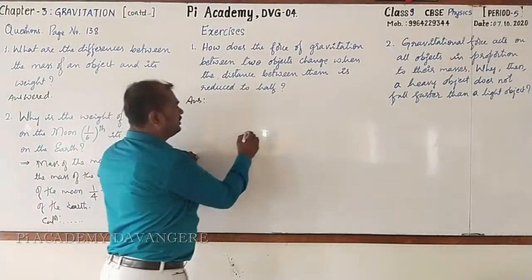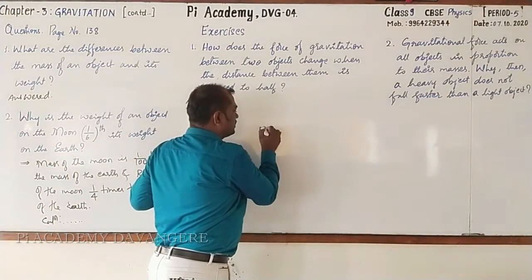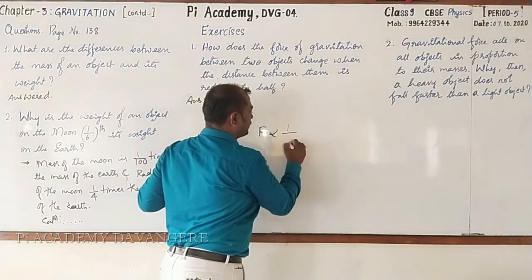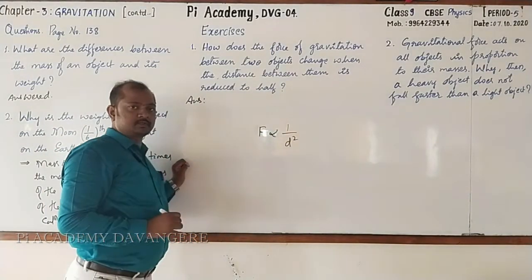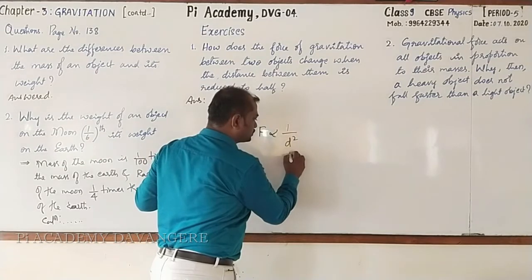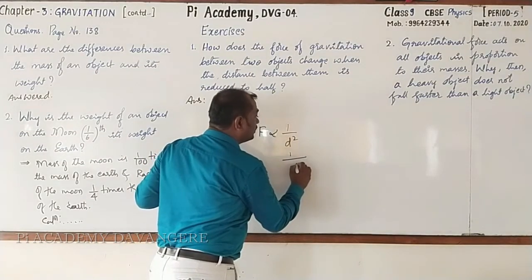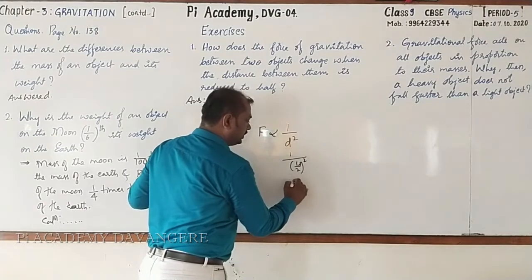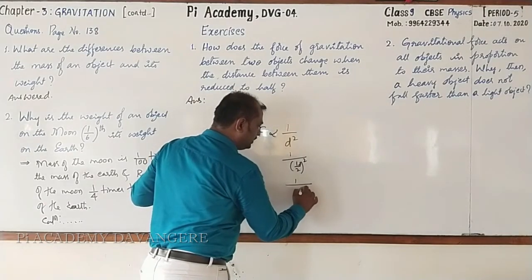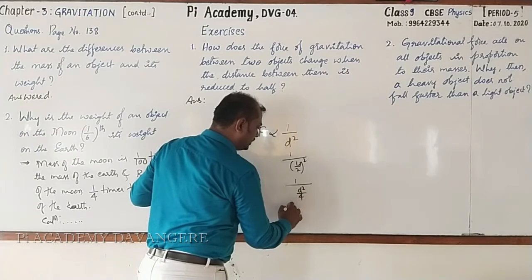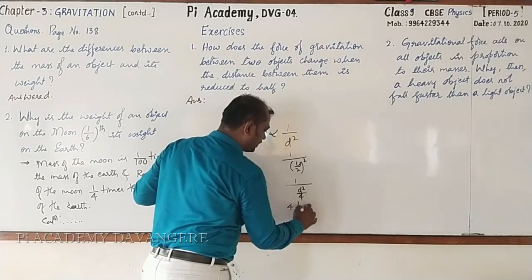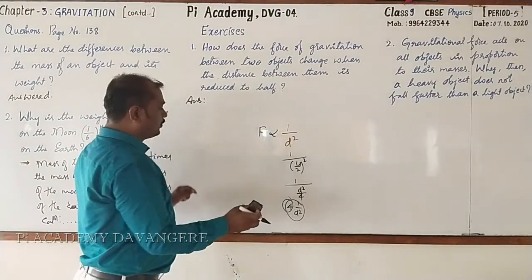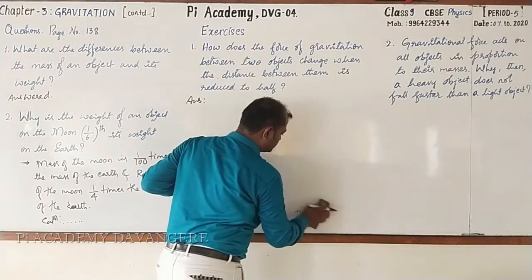From the inverse square law, we know that F is proportional to 1 by d square. When the distance is reduced to half, that is 1 by 2d whole square, then it will be 1 by d square by 4. Then it will be 4 into 1 by d square. See that gravitational force increases by 4 times. But it should be shown with a calculation.